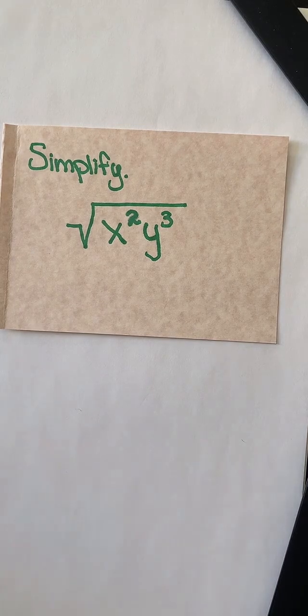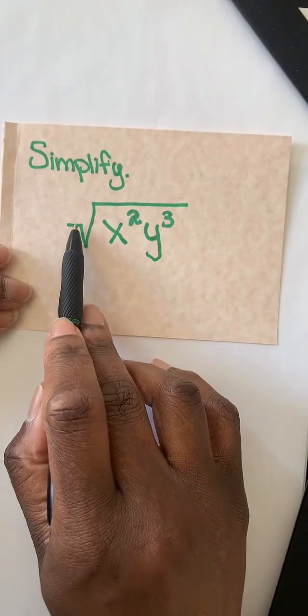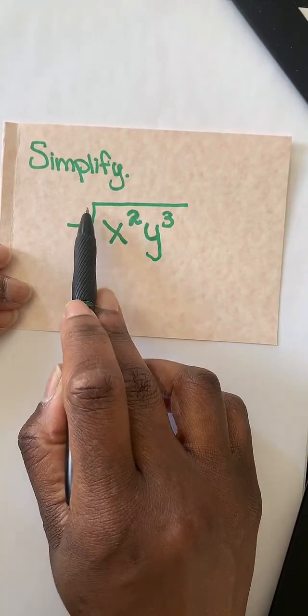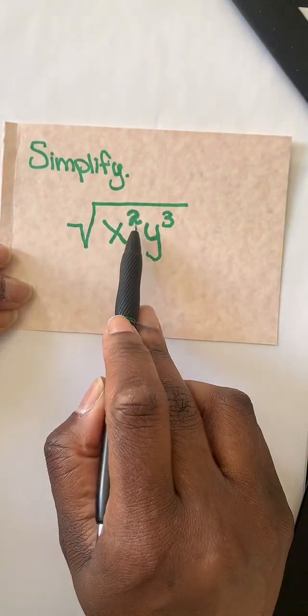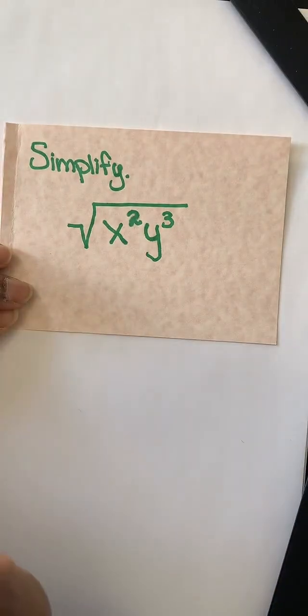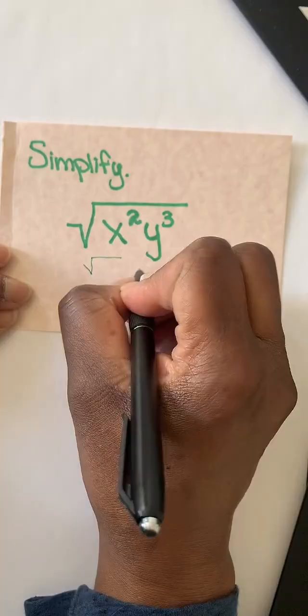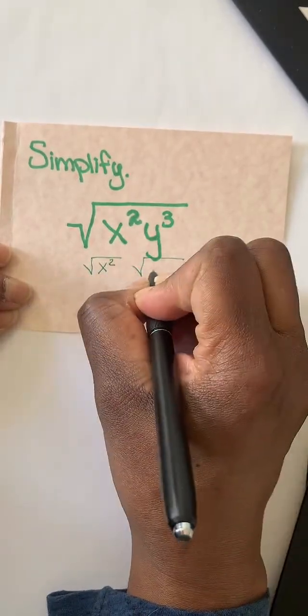You could. All right, so this is what we can do. Remember I said earlier, if you don't see an index right here, that means we're dealing with a square root. So square roots and squares basically cancel each other out. So if I want to, I could put them in their own radicals.